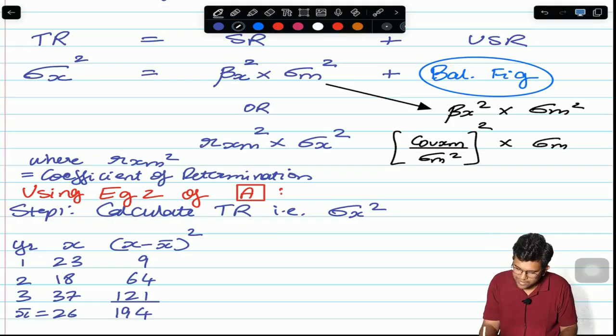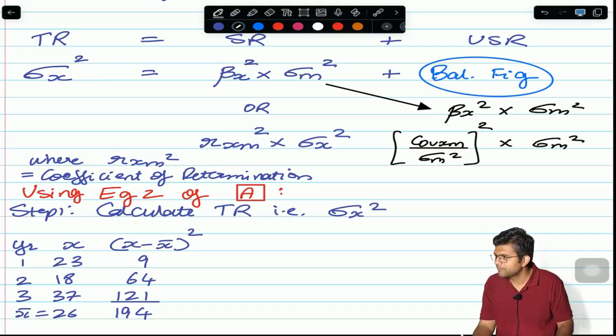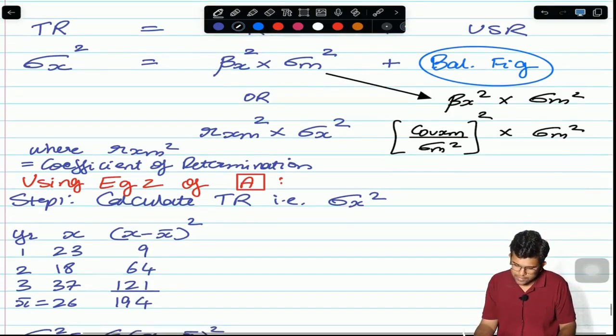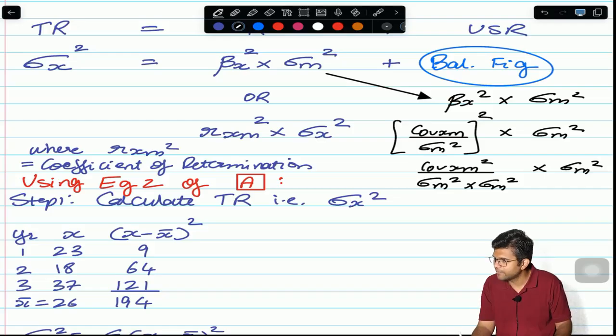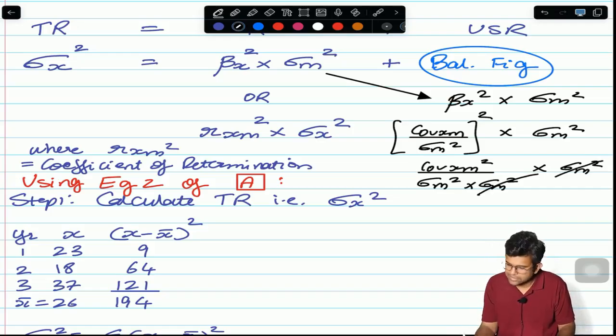Into sigma m square. Everyone clear? Now what to do? Can I say this will be covariance xm square upon sigma m square into sigma m square, the whole into sigma m square. Are you all understanding? I just squared it. This gets cancelled.